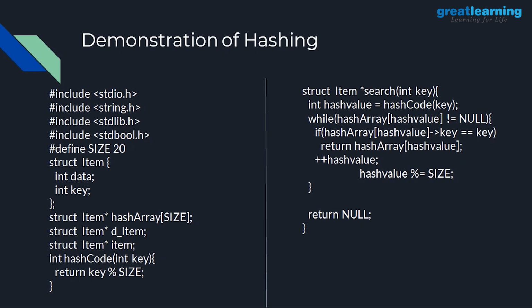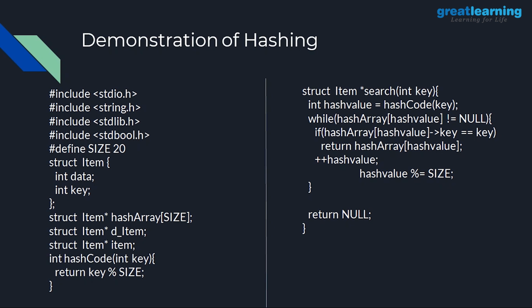Okay, this is the hash table that we have. How do we find an element? So basically, for how we inserted an element into this hash table, using a hash code, right? Using a hashing function. So similarly we will use the same hash code function wherein we try to search an element. So that's why the first line in this search function is we are calling the hash code function to get the hash value.